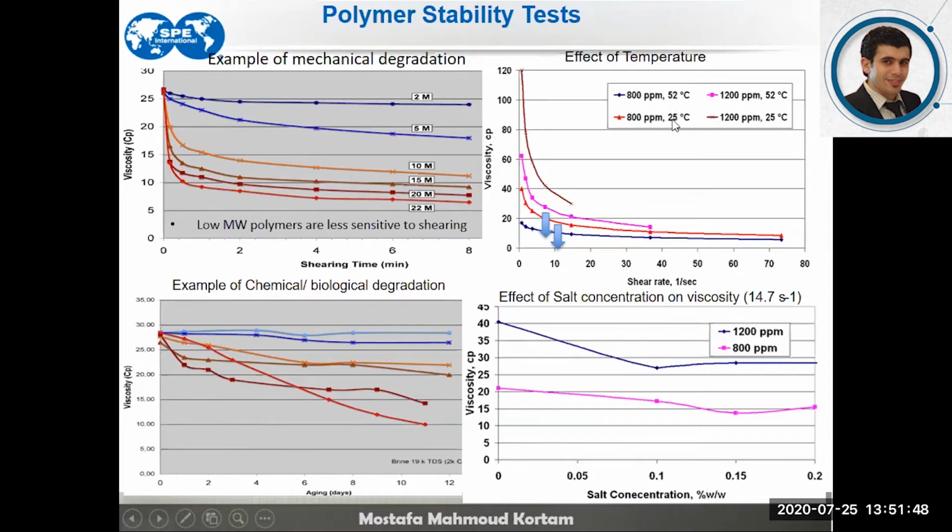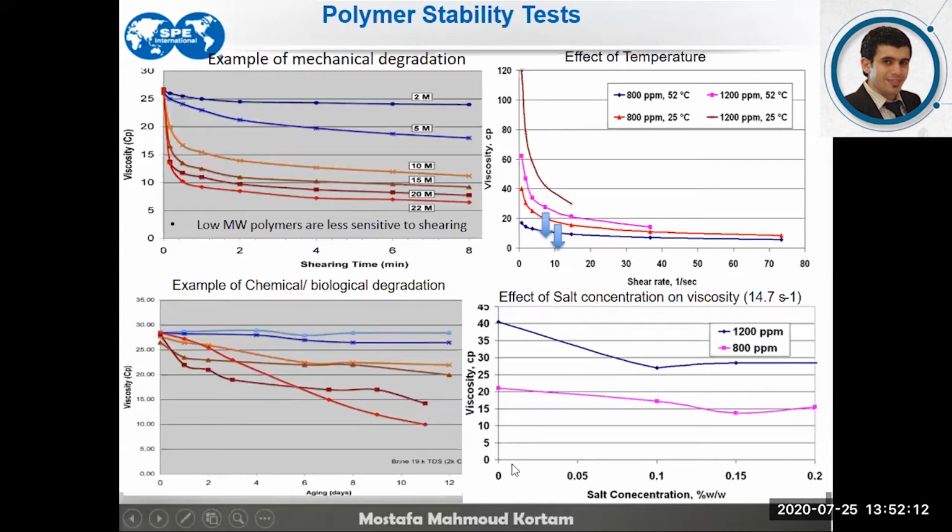So the viscosity here has been reduced for the 1200 ppm, and the same story for the 800 ppm, where increasing the temperature decreases the viscosity at a particular shear strain or shear rate. Shear strain and shear rate have the same meaning.